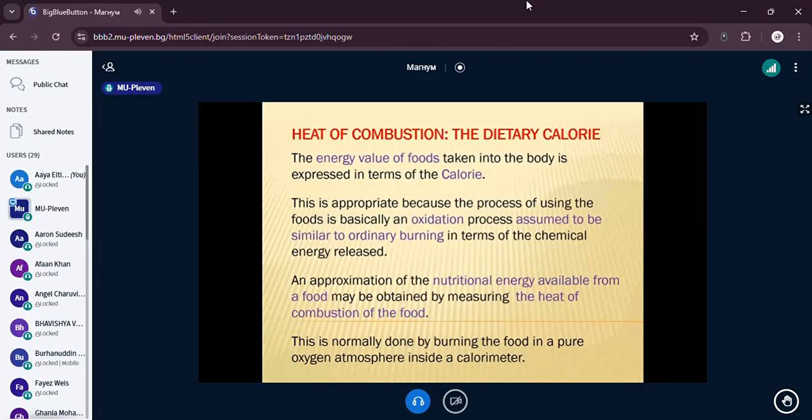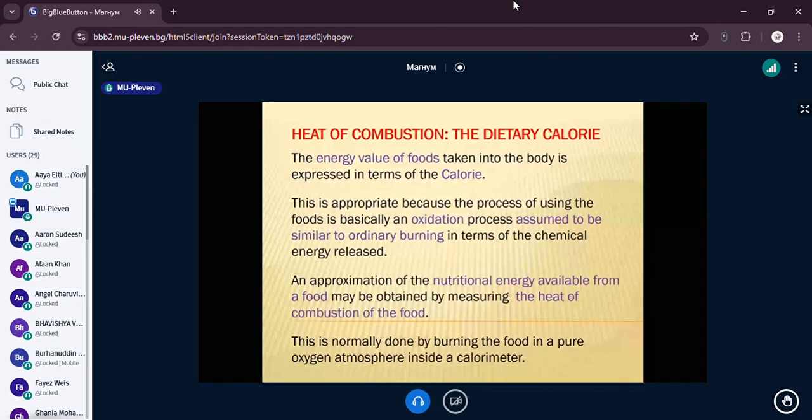Because within the human body, food is oxidized. Burning is also such an oxidative process. There is an analogy. And what else? The main idea: if food is burned outside the body, the energy that would be released will be equivalent to the energy released within the body as a result of the oxidation process.